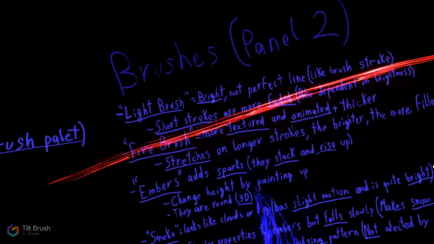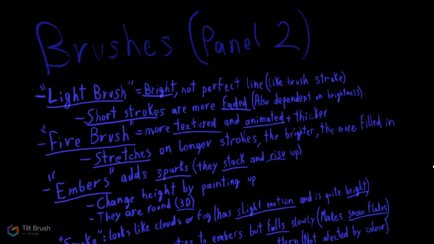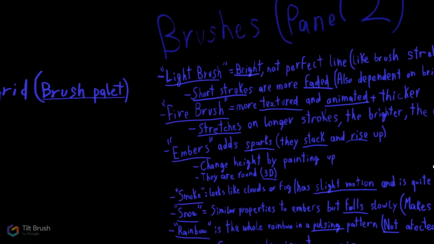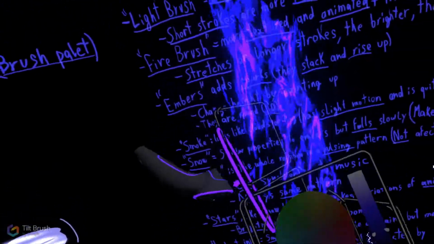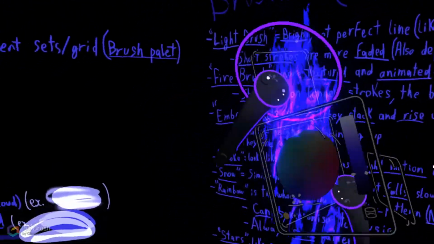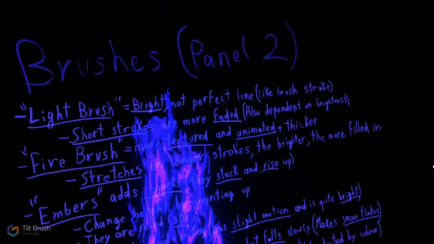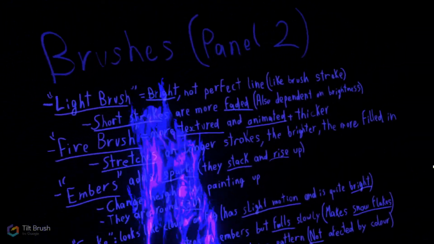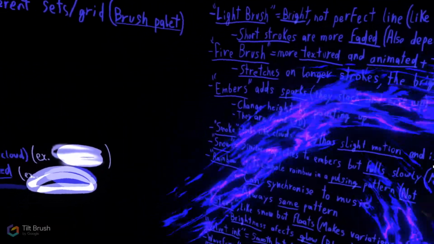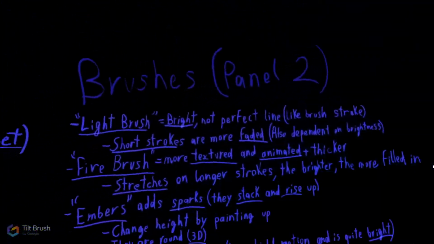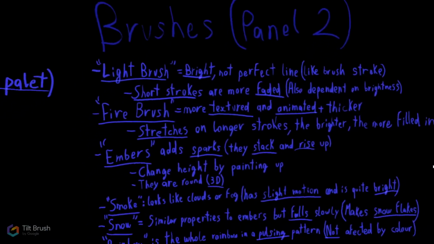Okay, so here, it's more textured and animated and thicker. What I meant by that is there's a lot of texture to it. You can see through a lot of it. It's very random, you could say. It's animated, as I said before. It animates in the direction that you push it in, so forwards. And it's quite thick.